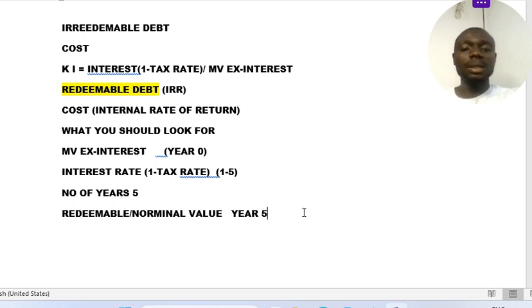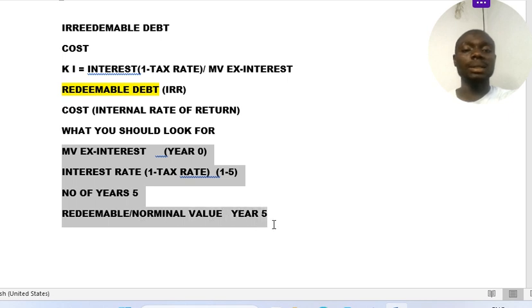Now, in today's class, I'm going to explain how to use internal rate of return to determine the cost of debt for the redeemable debt. And you should know that I said in my last video, these are the things we should look at in every question.